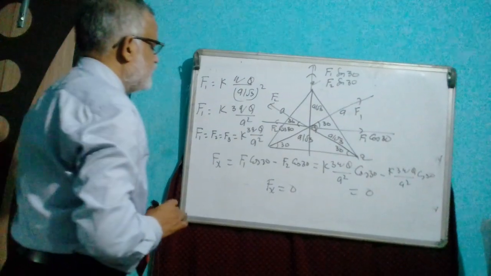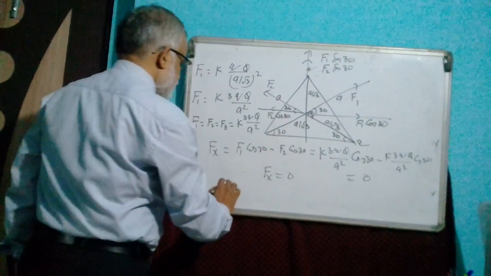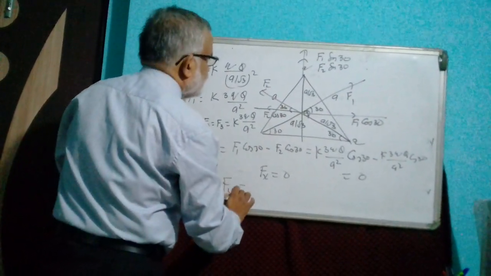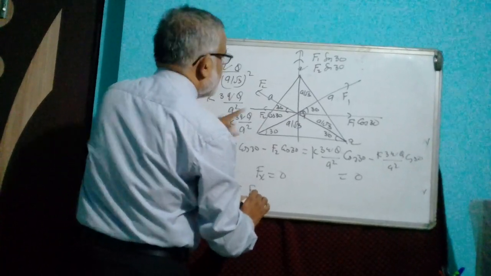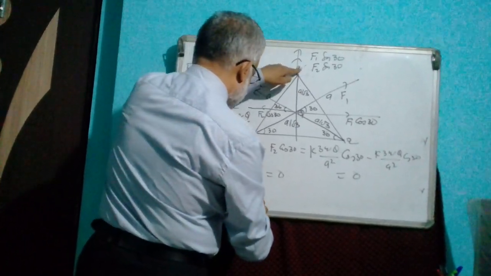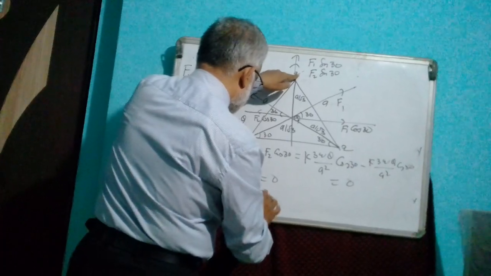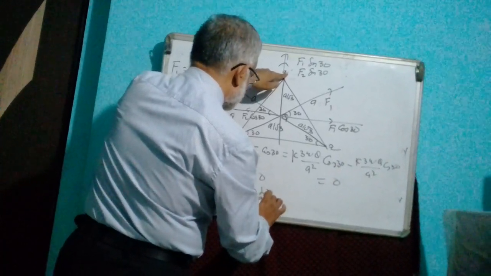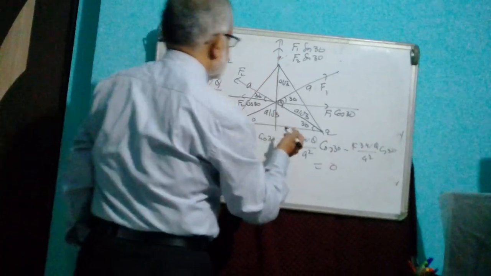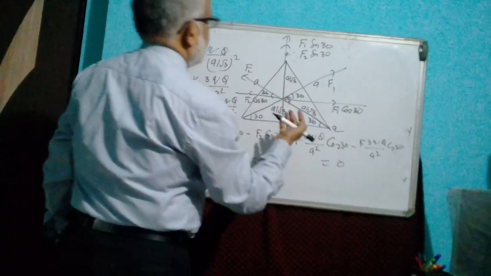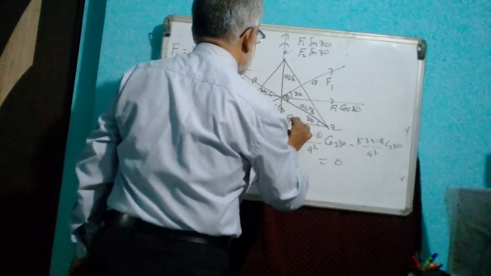Similarly, the net force along the y direction, Fy equals F1 sin 30 plus F2 sin 30 minus F3.